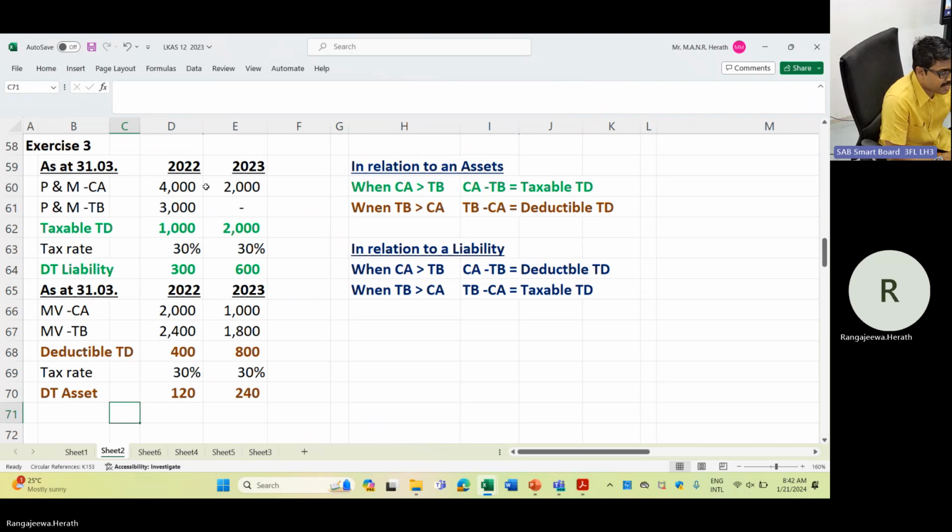So when you compare carrying amount and tax base, if the carrying amount is greater than tax base, the difference is taxable temporary difference, multiplied by the tax rate to identify the tax value. When the tax base is greater than carrying amount, the difference is deductible temporary difference. Deductible temporary difference multiplied by the tax rate, you get the deferred taxes.